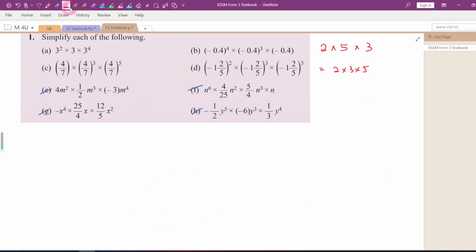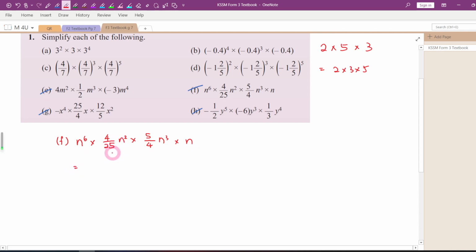Okay, now let's look at F. n power 6 times 4 over 25 n power 2 times 5 over 4 n power 3 times n. Okay, same thing, we can actually arrange it, right?